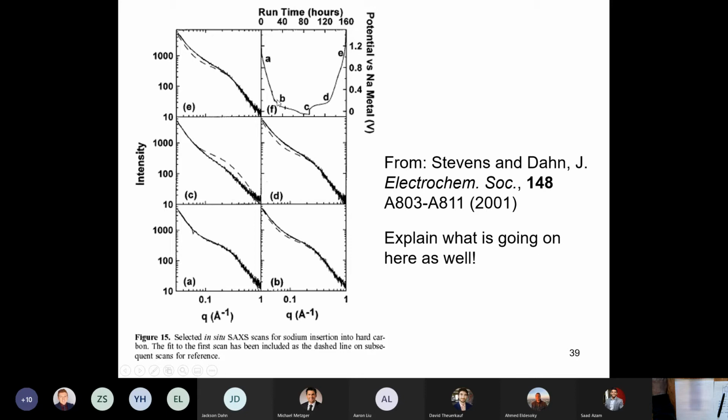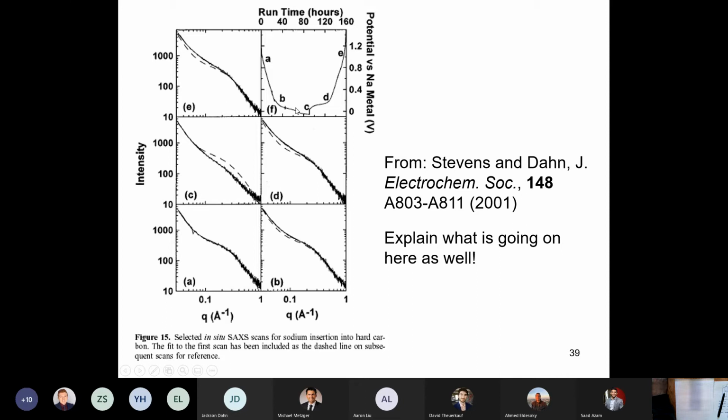So we don't think the pores are filling on the sloping part because that's where the binding energy is larger, and that's where the sodium would be going in between the layers, the few pairs of adjacent parallel layers that you would have, and having reasonable binding. So by B, the original curve in A has been reproduced so that you can see that between A and B, there's no change, all right?